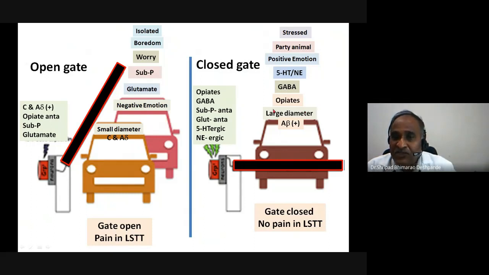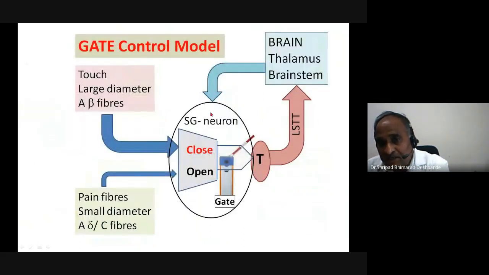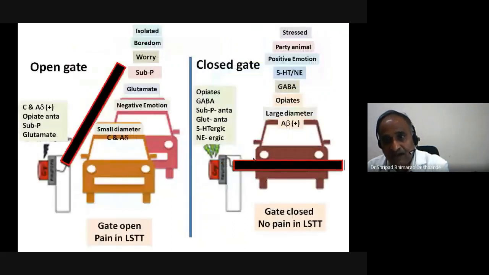Then opiates, the morphine-like compounds, are released from enkephalinergic neurons. The transmitter released from the substantia gelatinosa neuron here is enkephalin, or an endogenous morphine. And opiates close the door. That means no pain is transmitted, and the person is relieved.